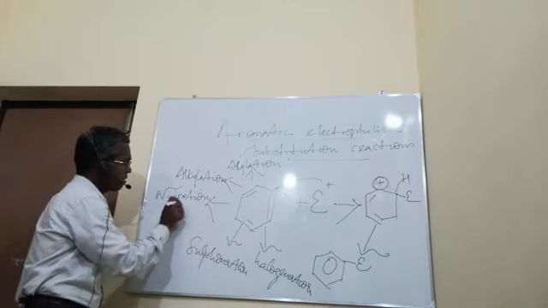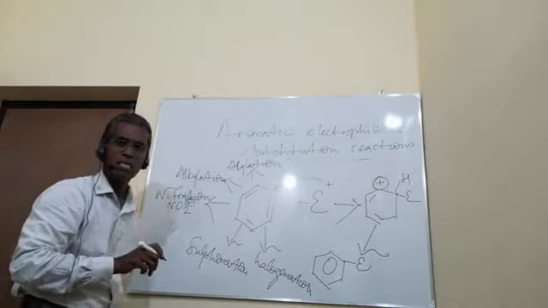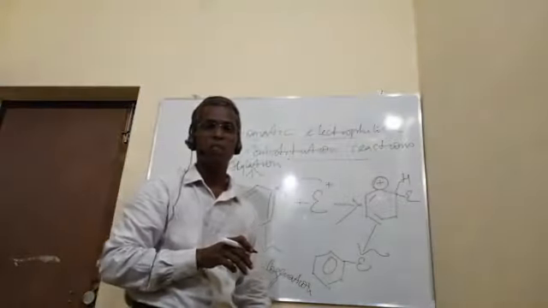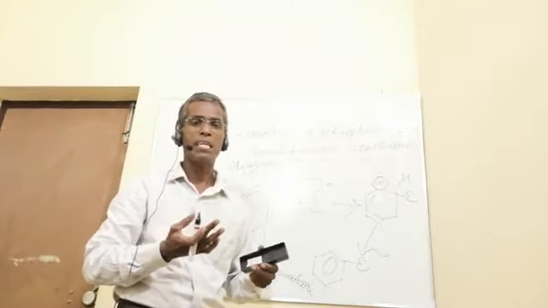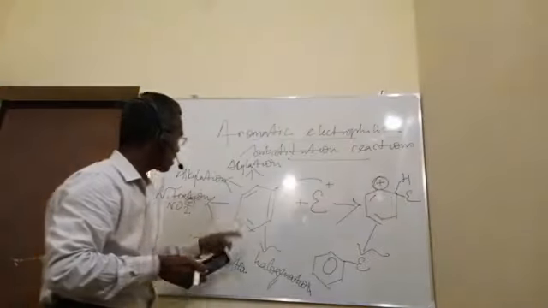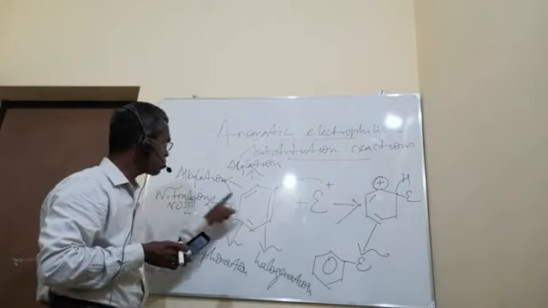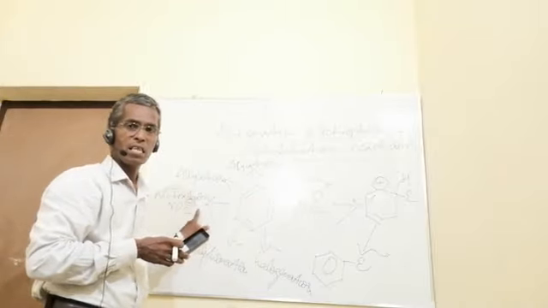If the nitro group, that is NO2 plus, attacks benzene, the product we get is nitrobenzene. In that case, the reaction is called nitration of benzene, because you are introducing NO2 plus, that is the electrophile, into benzene. Therefore, this reaction is a nitration.